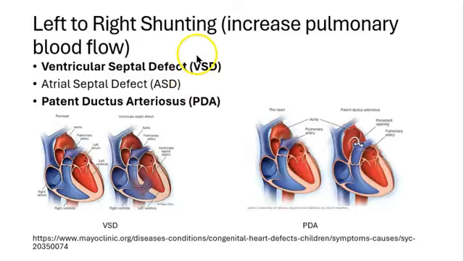We'll focus on the ventricular septal defect and not as much on the atrial, but they're very similar. The septum is the divider between the right and left side of the heart, and if we have a septal defect, that means there's a hole, so the right and left side of the heart could share blood.